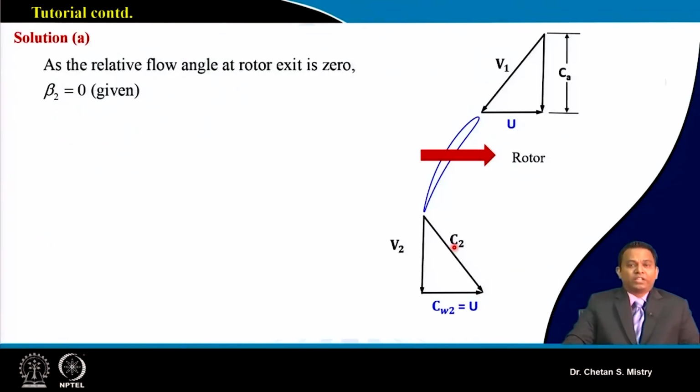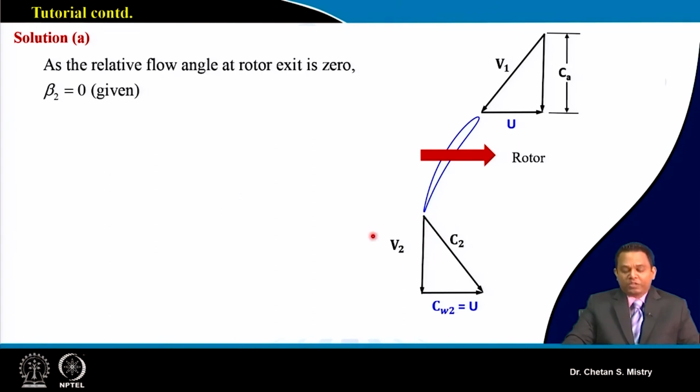Here in this case, if you look at the exit of my rotor, my velocity triangle is given to me. Suppose this is my rotor, we can plot our velocity triangle like this. At the exit, it says my beta is equal to 0.